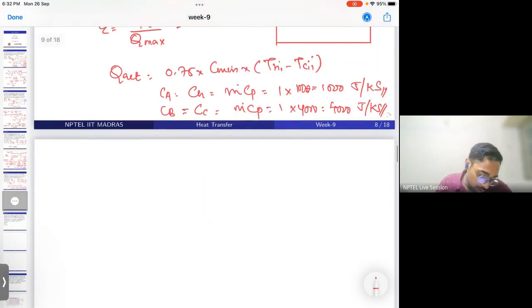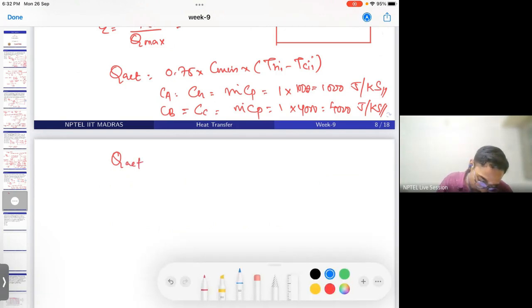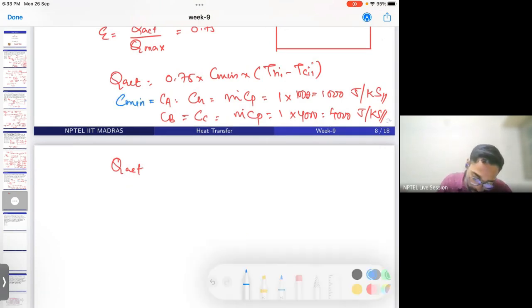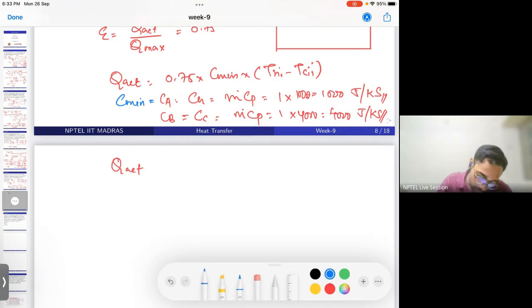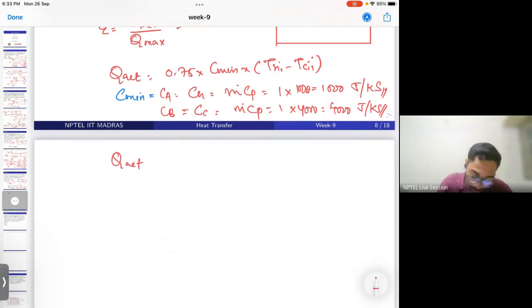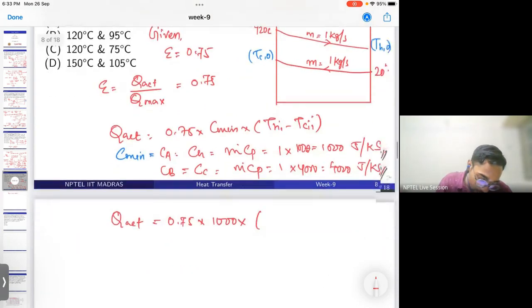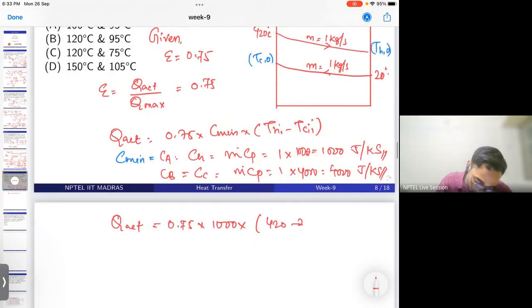So these are the specific heat capacity values for A and B. So the C minimum is CA, the hot fluid, which is the minimum heat capacity. It's 0.75 into C min, which is 1000, into THI minus TCI, that is 420 minus 20.